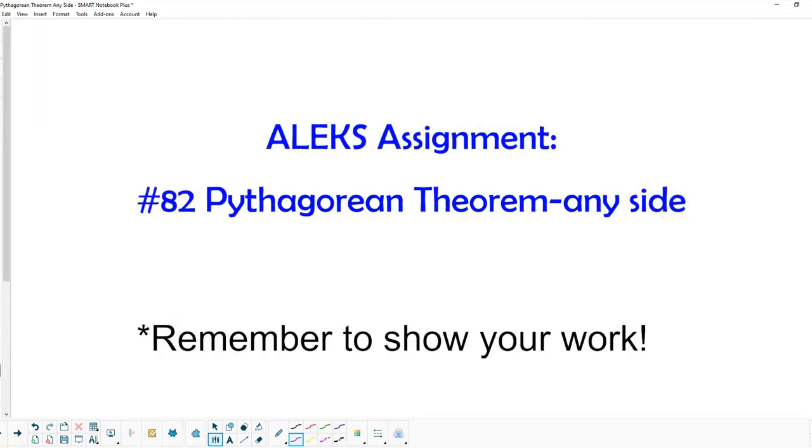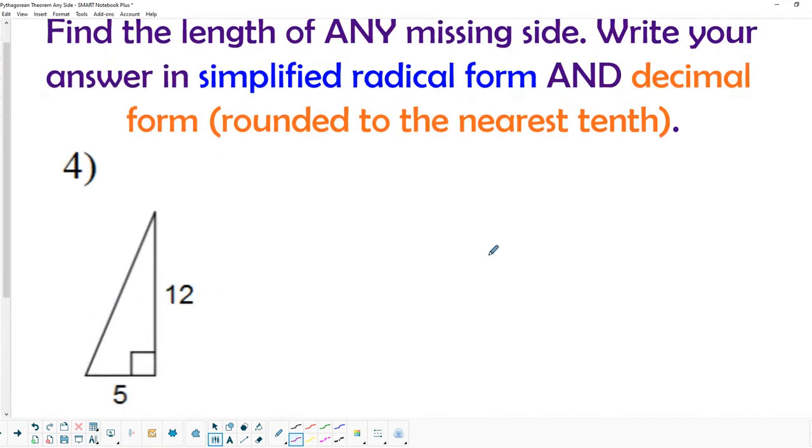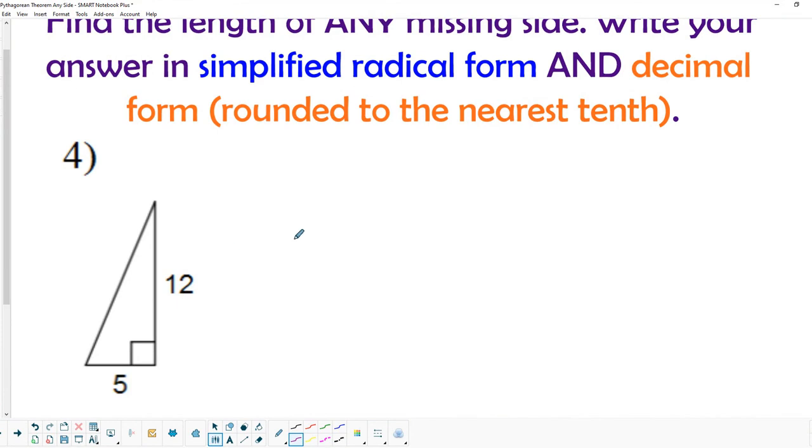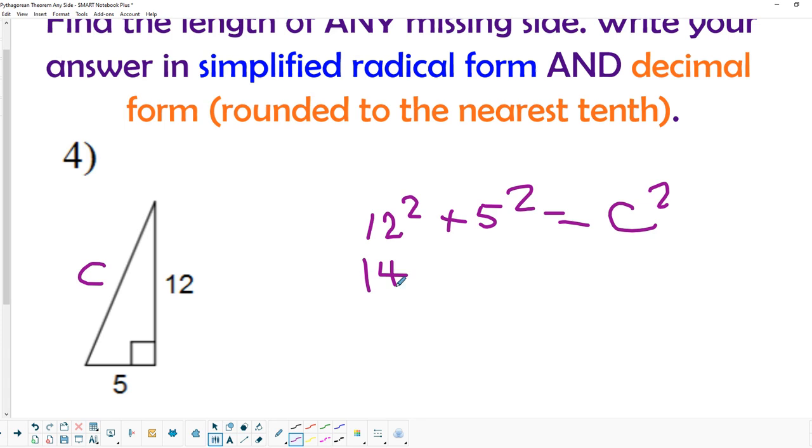This one we have both A and B, so we're going to write down A squared, so 12 squared, plus 5 squared equals C, the hypotenuse squared over there. And 12 squared is 144. B squared is 25. And all of that equals C squared.